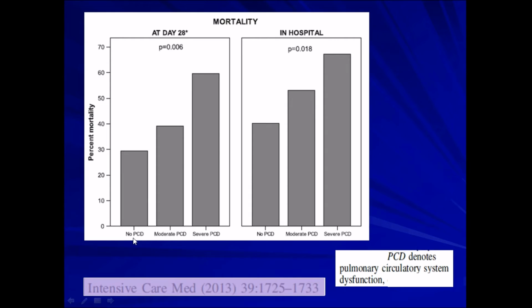Again, this is without pulmonary circulatory system dysfunction, so 28 days mortality is around 30%. It increased with moderate right heart failure to around 40%. With severe right heart failure dysfunction, the mortality will increase up to 60%. In-hospital mortality as well will increase, and this is statistically significant.